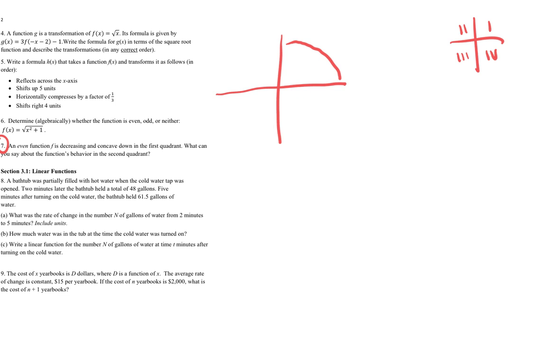So it's asking us what it is in the second quadrant. Well, we know that this function is even, and what do we know about even functions? They are symmetric around the y-axis.